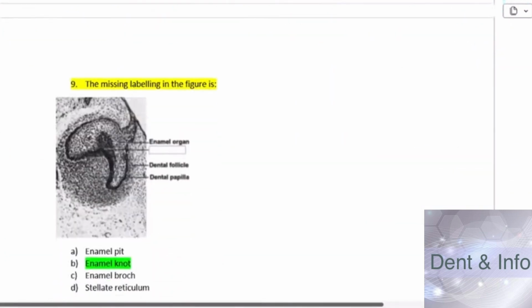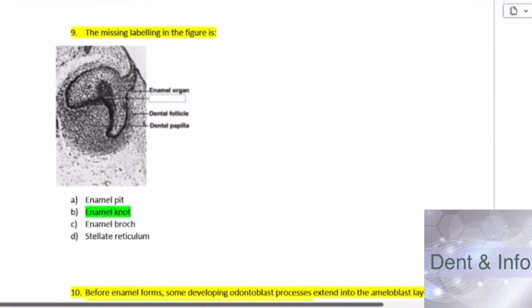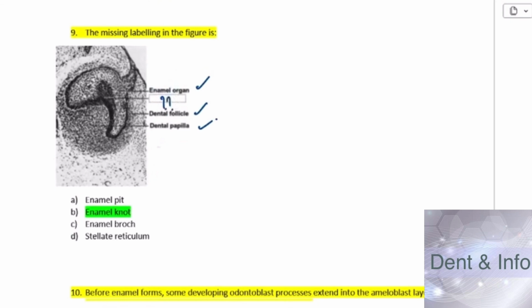Next is the missing label in the figure. So again a diagram from the cap stage. Now they have asked us an easier one. They have labeled that this is the enamel organ, this is the follicle, this is the papilla. What is this one, the blank here? So here we are seeing the condensation. Though it has become elongated from knot to enamel cord, now you will say cord is not there.